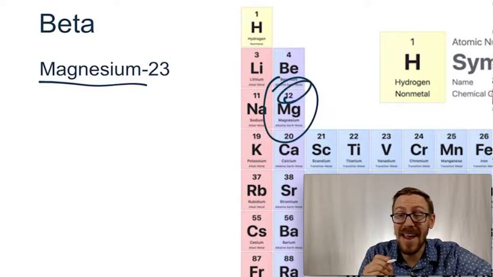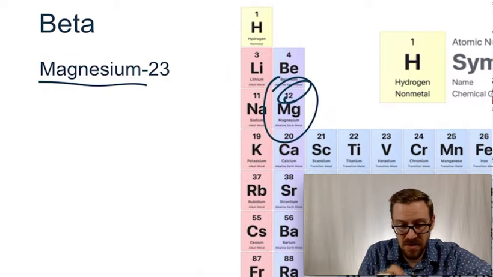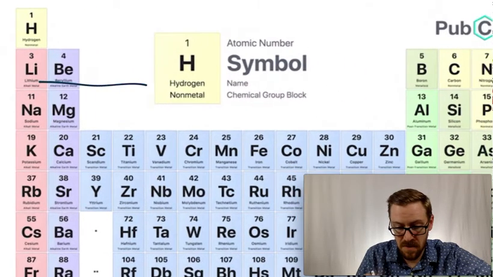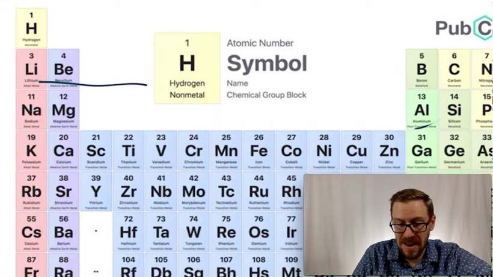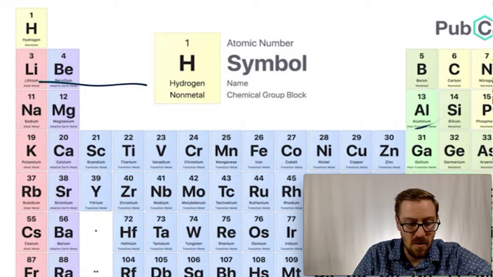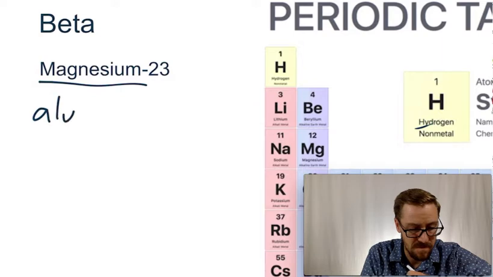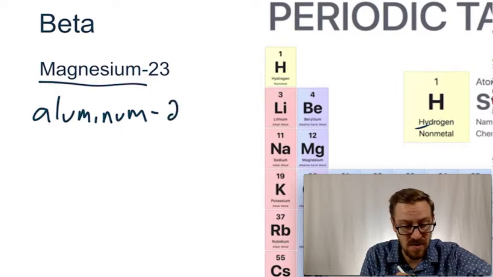So if beta decay happened, we would go up 1 to 13. 13 on the periodic table would be aluminum. And so our remaining isotope would be aluminum, and the mass doesn't change, 23.